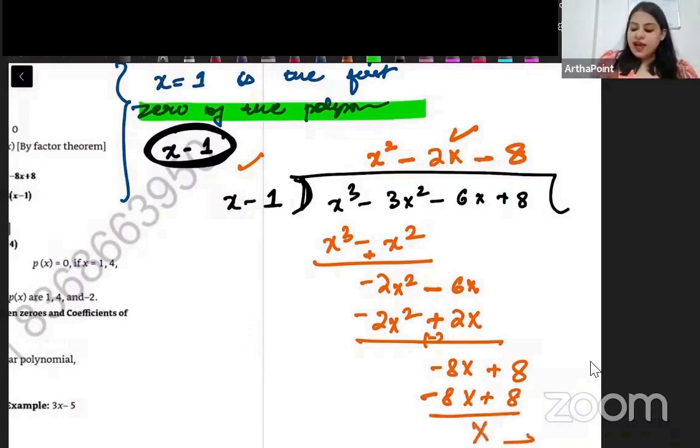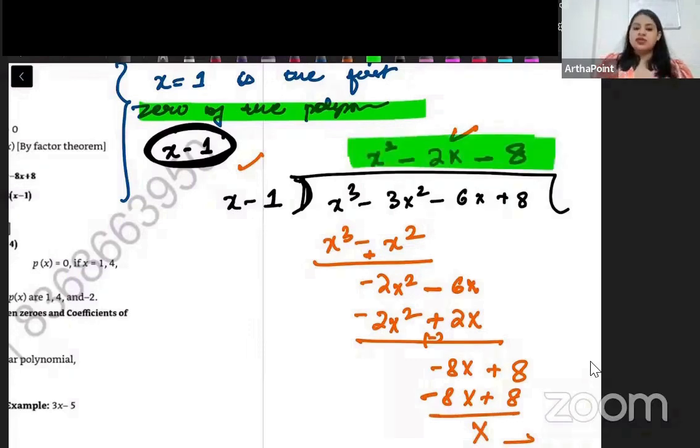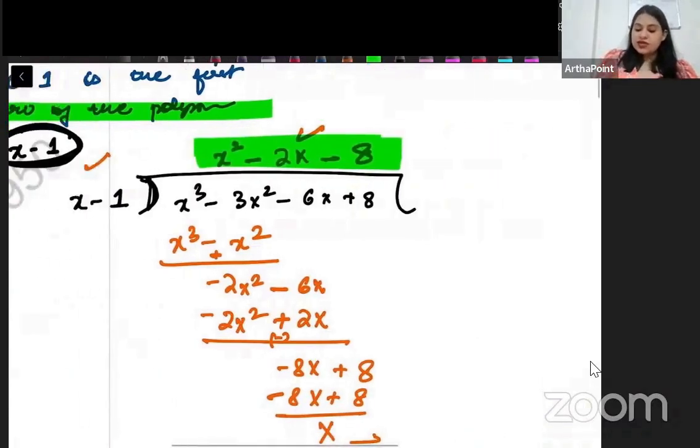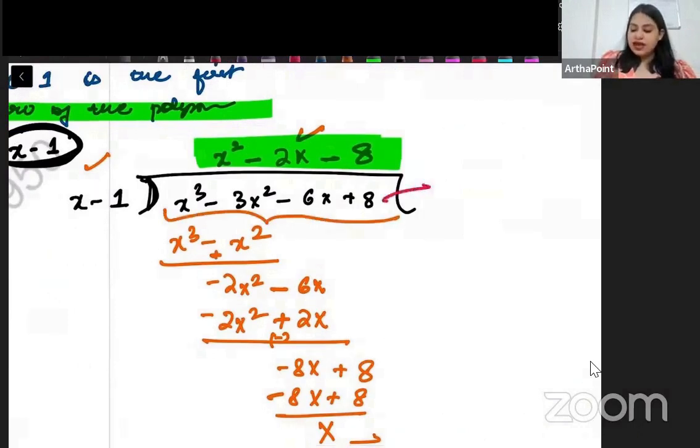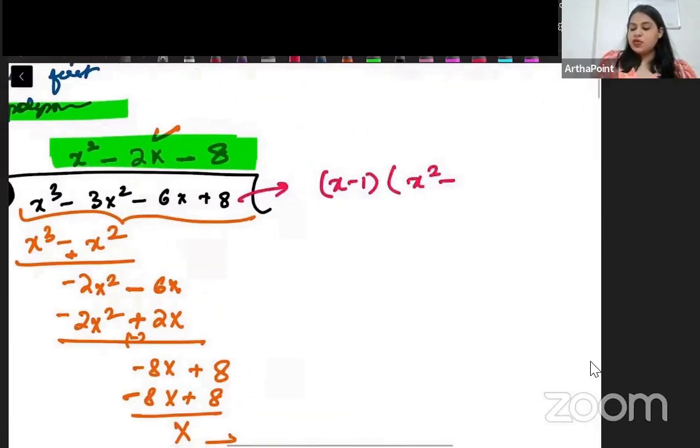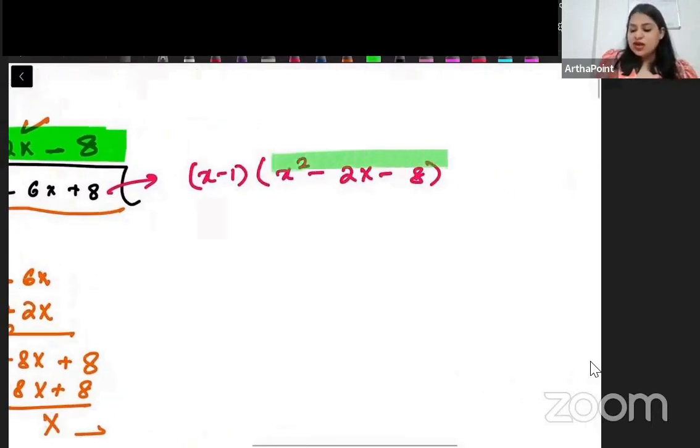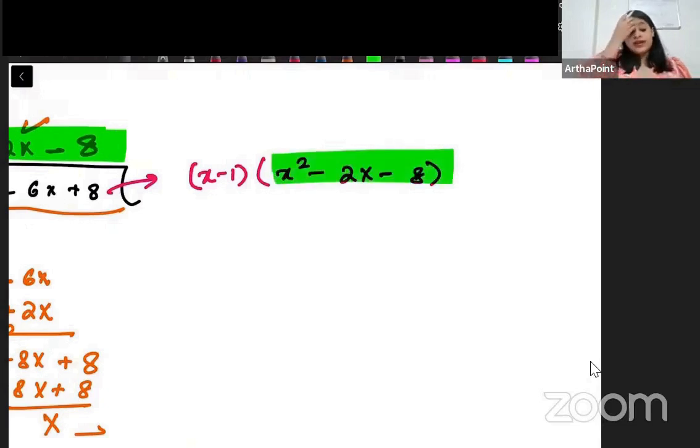So the remaining factor that you will have will be this. That means that this thing right here, beta, can be rewritten as x minus 1 into x square minus 2x minus 8. Now find the zeros of this. You have to factorize this such that it becomes 0.